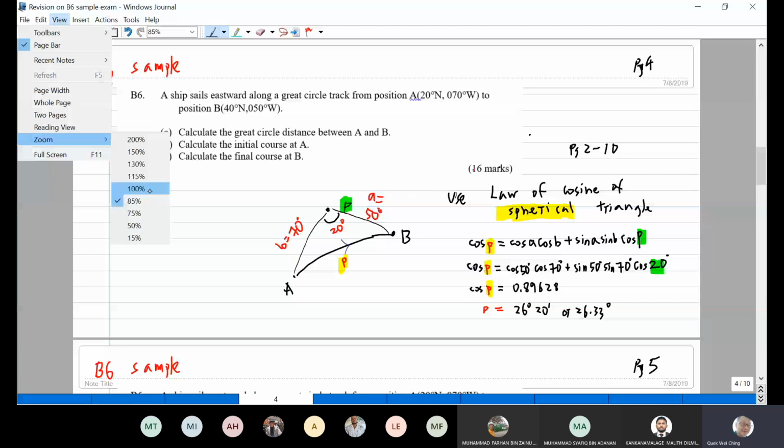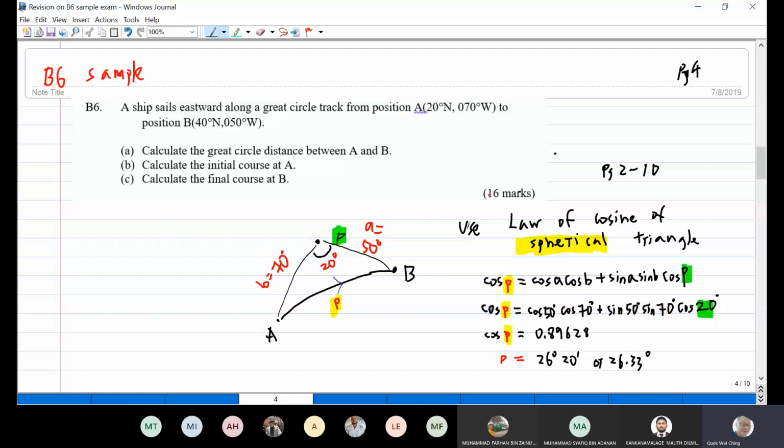The law of cosine, I think you can see on page 210 of spherical triangle, and also in the formula card. For spherical triangle law of cosine, I'm going to find side p.